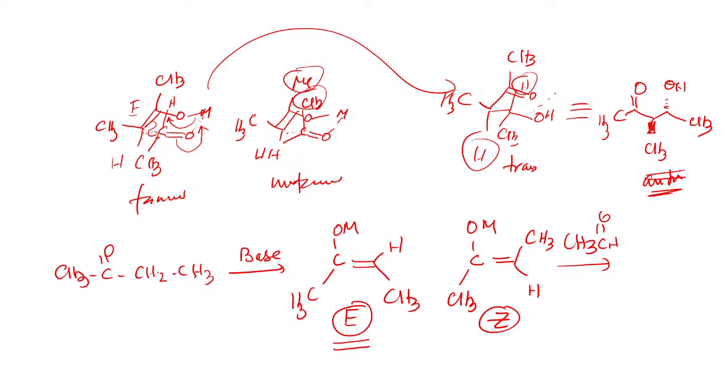On the other hand, if we have this enolate, for example, this Z enolate, what can happen? You can try to draw in a similar way.